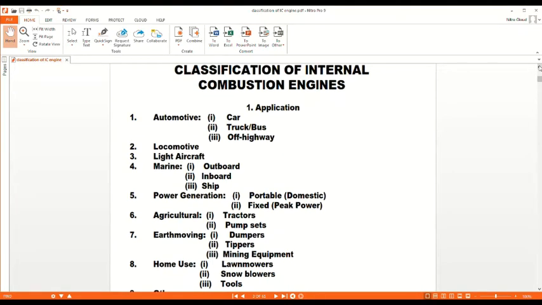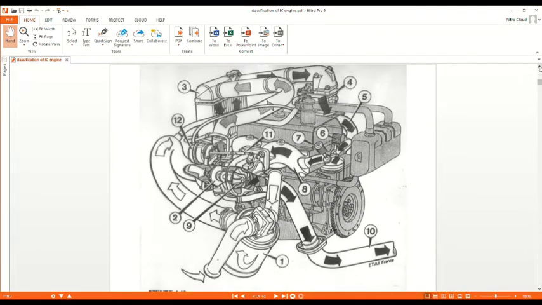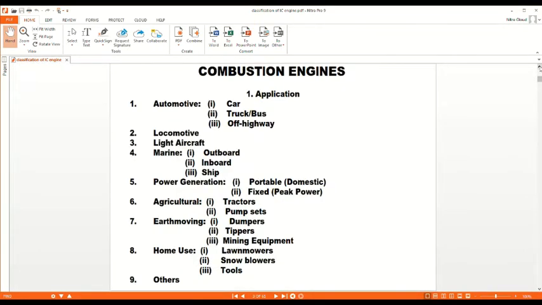Based on the application: automotive IC engine, locomotive, light aircraft, power generation, agriculture, earth moving, home usage. Further, automotive means car engine, bus, highway, off highway engines, the engines used in vehicles on off highway.